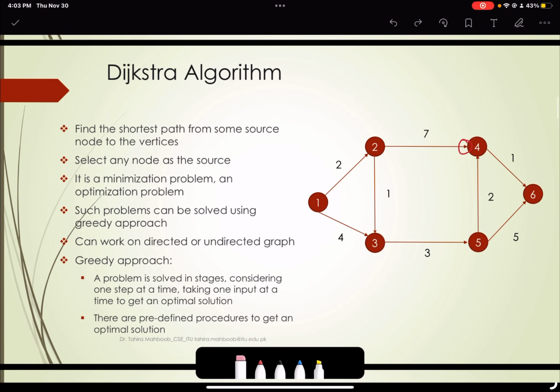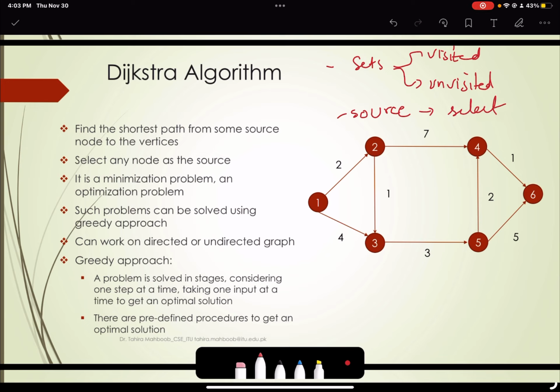So in this algorithm, what we do is we maintain two sets for the visited and the unvisited vertices. Start from the source and then select the vertices that give us the shortest distance between those two vertices.